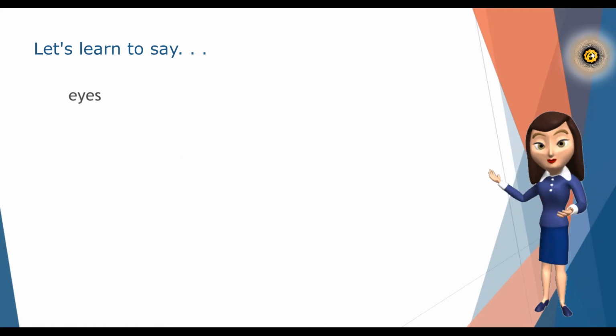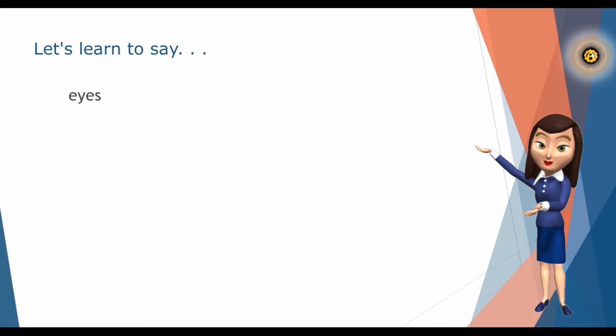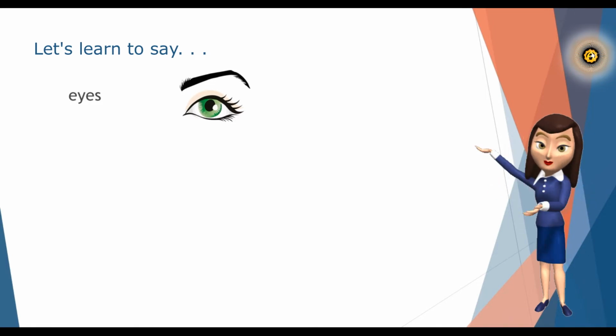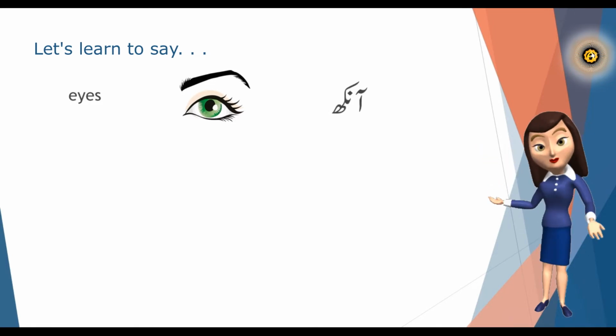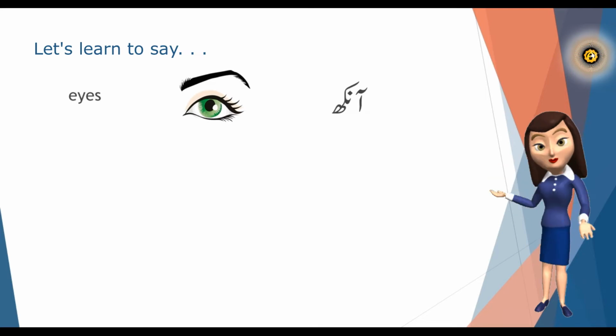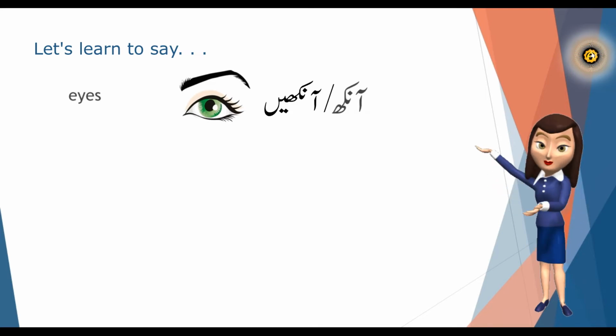Let's learn to say eyes in Urdu. In English we say eyes or eye. In Urdu it is aankh. If we are talking about one eye, we say aankh, and if we are talking about eyes, then we say aankhein.